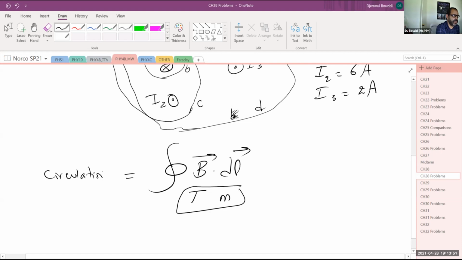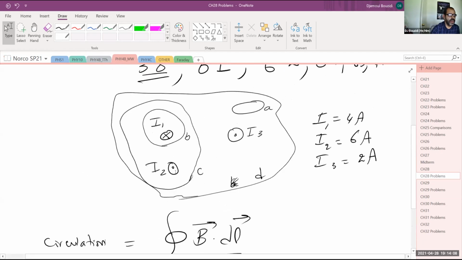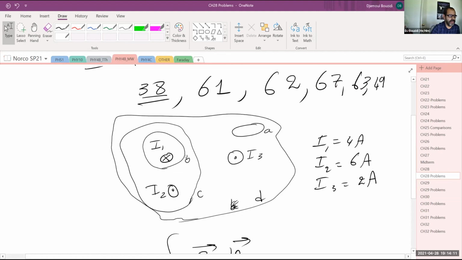So I want to find the circulation. Basically, we're trying to find this through all of these paths. So we need to calculate this line integral through path A, path B, path C, and path D.